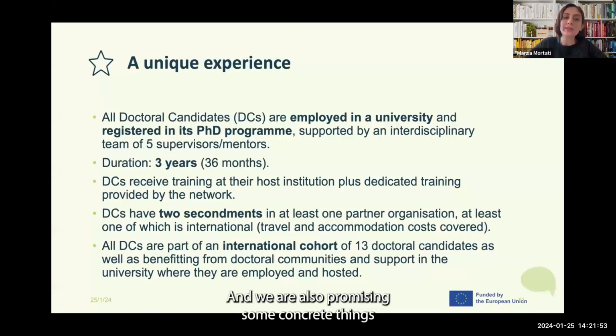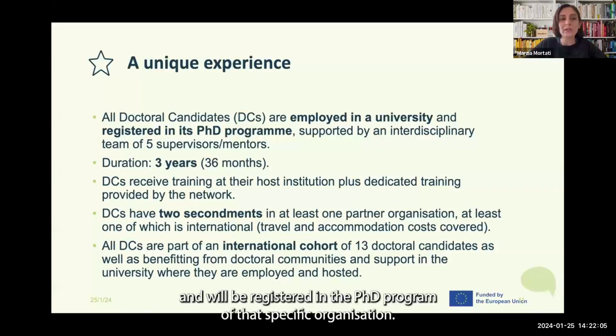We're also promising some concrete things, not only involving you in this network for 3 years, but also each one of those candidates will be employed by one of those universities that I just listed and will be registered in the PhD program of that specific organization.